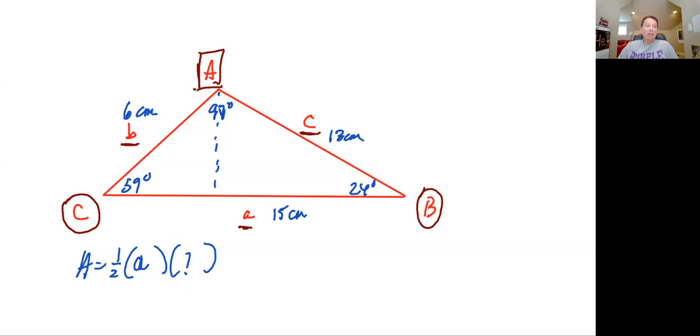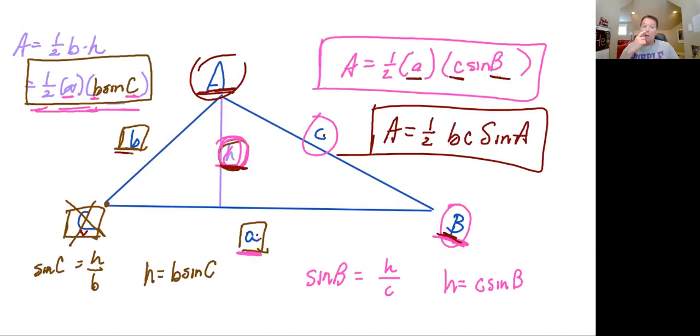And it literally should take you 15, 20 seconds. So I'm going to go back again and show you the formulas are all two sides, sine of the included angle, and then of course the 1/2 part because it's half of a parallelogram, half of a quadrilateral.